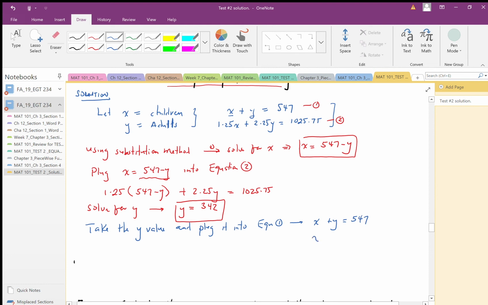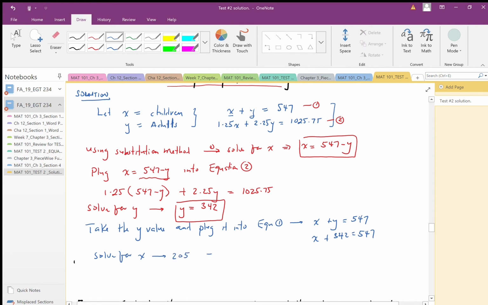We know that our y is 342, so x plus 342 equals 547, and then we can solve for x. Solving for x, you're going to get 205.